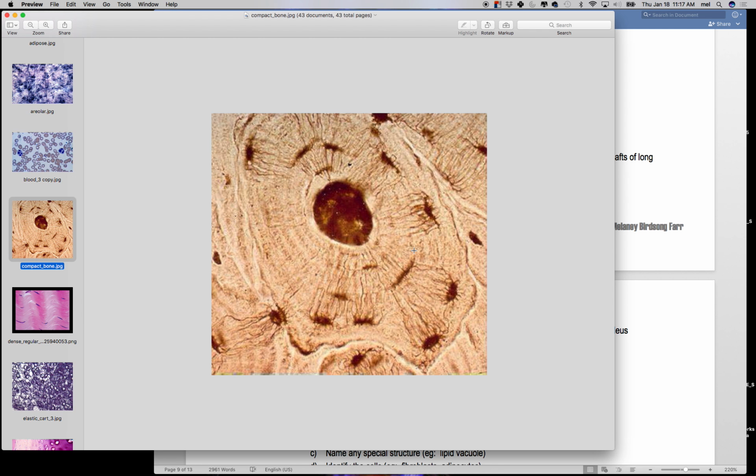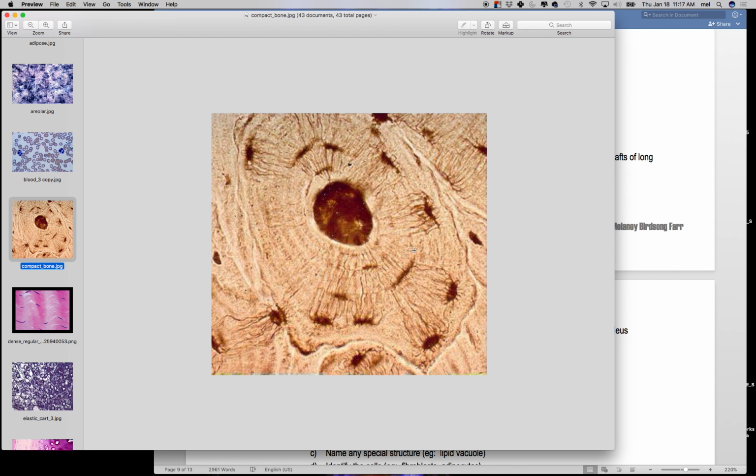And then what you have surrounding each central canal is concentric rings, like a tree. And it goes ring, ring, and then more. We don't want to draw them all. Let's talk about what you're actually seeing there. You're seeing layers of bone matrix that were formed sequentially as you grow.